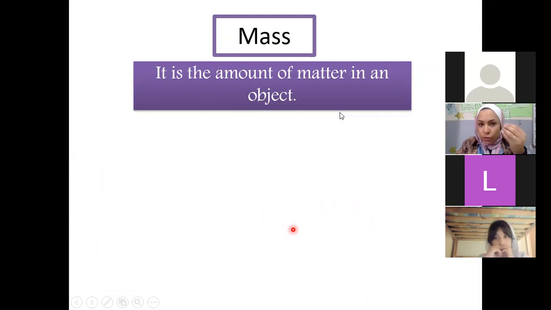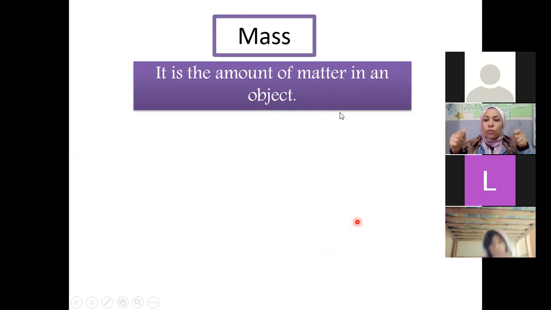Okay, so we're talking about the mass now. This means that the amount of matter inside any object will be the same no matter where this object is. So your mass will never change because the amount of matter inside you is the same wherever you go.